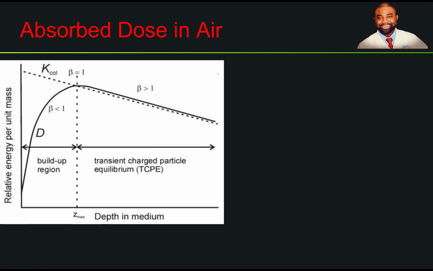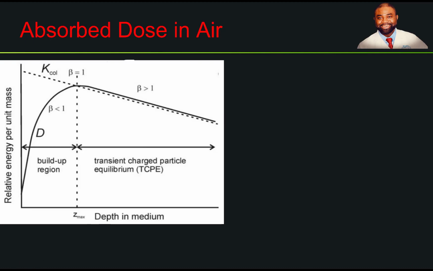So the dose to medium 1 divided by the dose to medium 2 will be equal to beta 1 psi 1 multiplied by the average mass absorption coefficient for medium 1, divided by beta 2 psi 2 and the average mass absorption coefficient for medium 2.